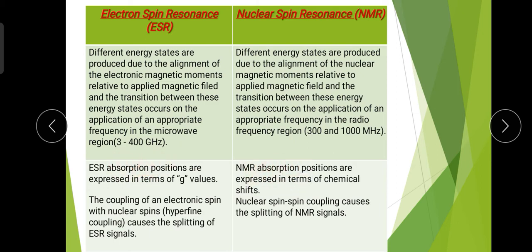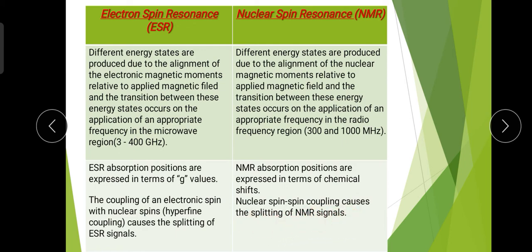The coupling of an electronic spin with the nuclear spin, that is, hyperfine coupling, causes the splitting of the ESR signals. That means there is a splitting effect in NMR as well as in ESR, but in ESR it happens due to the coupling of the electron spin and nuclear spin, the hyperfine coupling. And in NMR, nuclear spin coupling causes the splitting of the NMR signal.